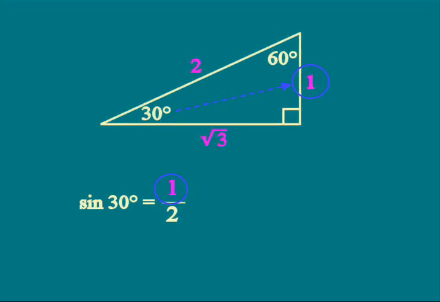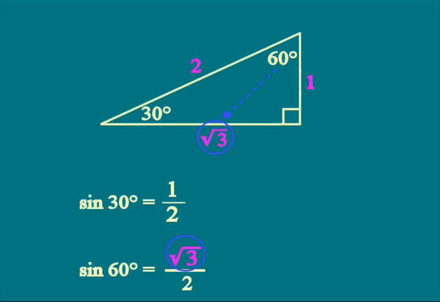So sine of 30 degrees equals 1/2. Let's find sine of 60 degrees next. Same thing, opposite over hypotenuse. Look at the angle 60 degrees. Its opposite side has length square root of 3. So the sine of 60 degrees equals square root of 3 over 2.